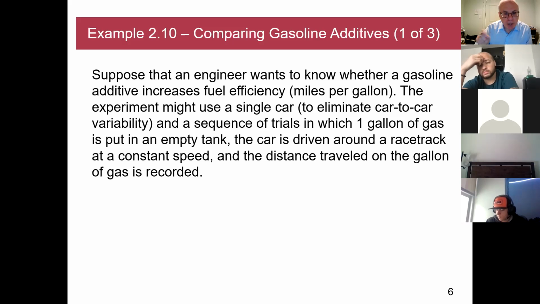Now, where does the randomization occur? Well, each of these trials, every time a gallon of gas is put in, the driver doesn't know whether the gallon of gas has the additive or does not have the additive. So that's where the randomization is occurring. Each trial is being randomly assigned either a gasoline with the additive or gasoline without the additive.